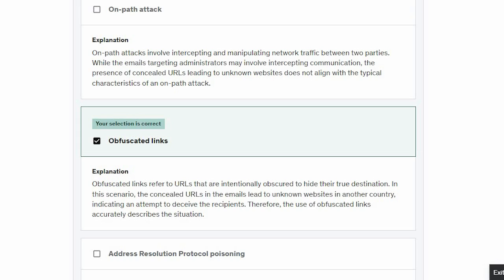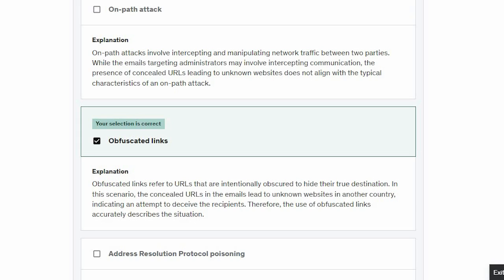Obfuscated link. Obfuscated links refer to URLs that are intentionally obscured to hide the true destination. In this scenario, the cancelled URL in the email leads to an unknown website in another country, indicating an attempt to deceive the recipient.